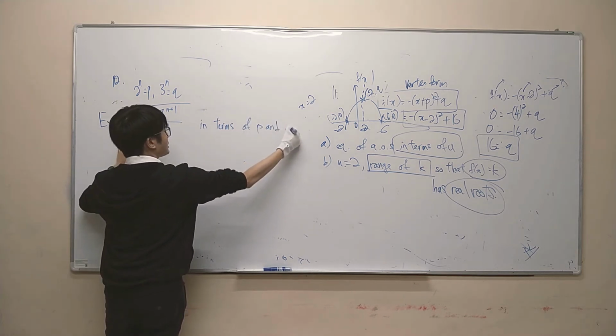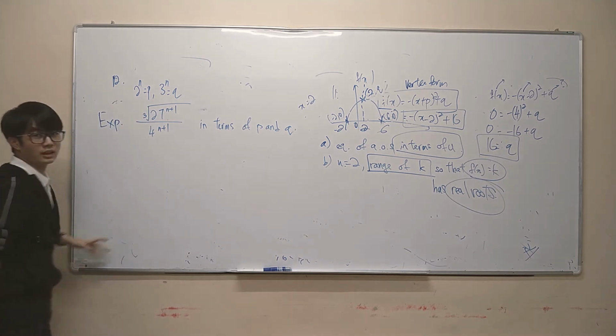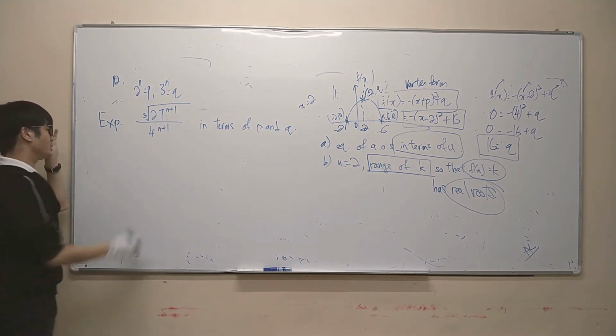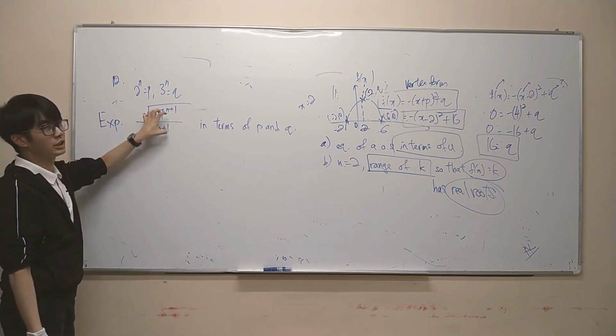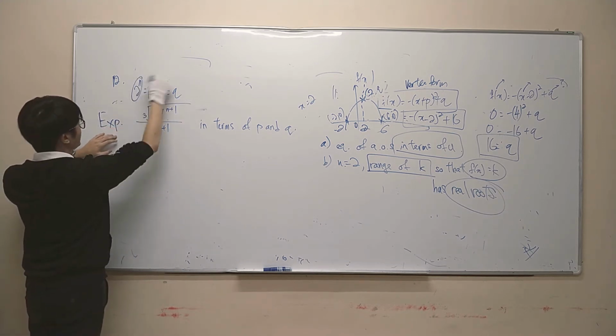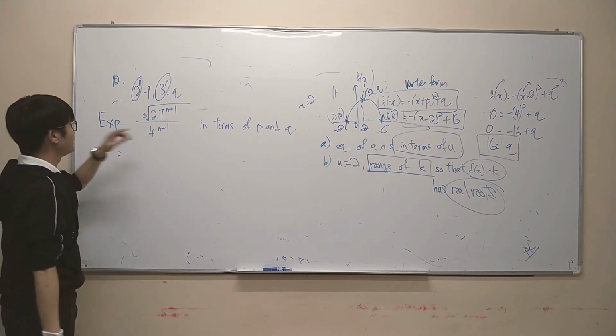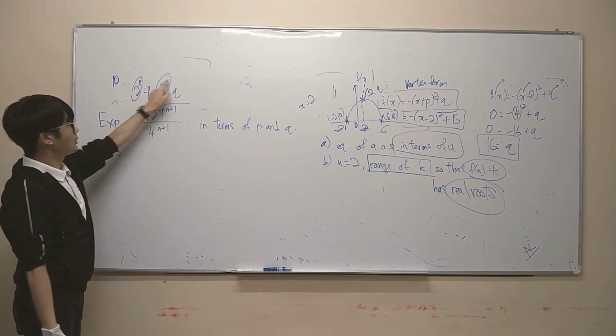This soalan nampak macam sangat complicated, nampak macam sangat susah, tapi sangat senang saja actually. Because if you want to change in terms of p and q, it means that you have to try your best to change this to 2 power n and 3 power n. Do you understand? Because 2 power n is p, 3 power n is q.